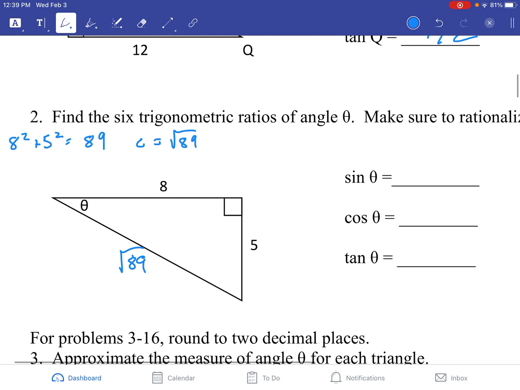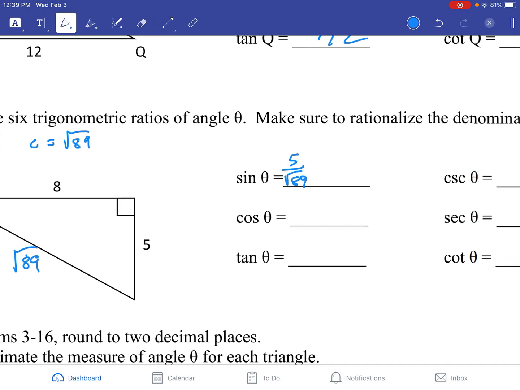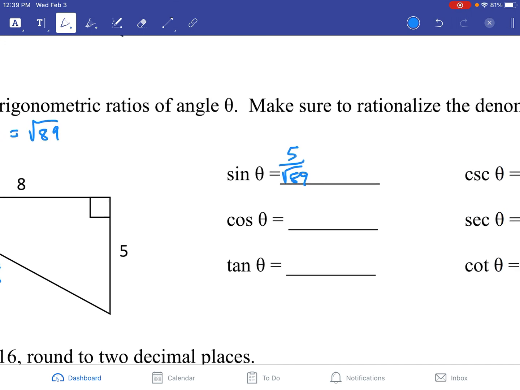So sine of theta is going to be opposite over hypotenuse, so it's 5 over root 89. Now, as we mentioned at the very beginning of this unit, you have to rationalize that denominator. So you multiply by the square root of 89 on top and bottom.